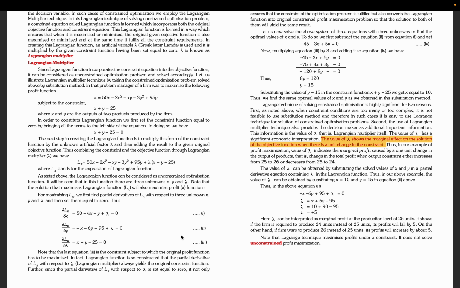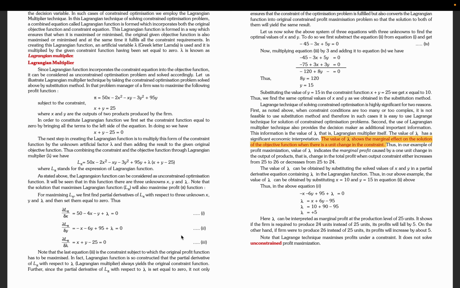So, lambda can be interpreted as the marginal profit at the production level of 25 units. It shows that if the firm is required to produce 24 units instead of 25, the profit will fall by 5.